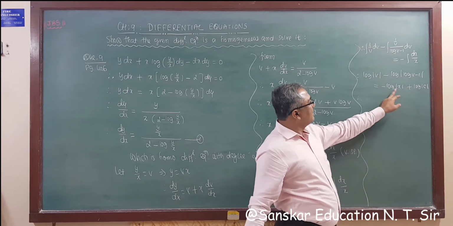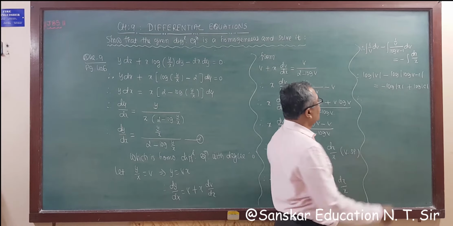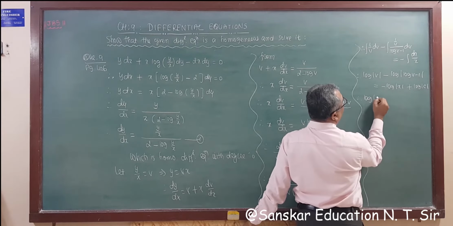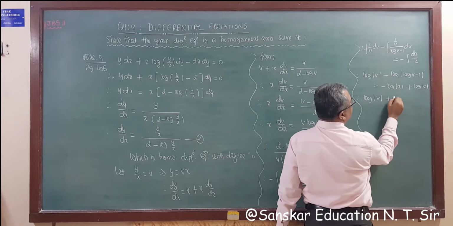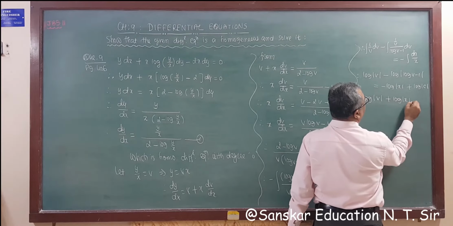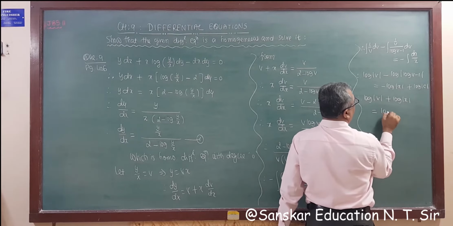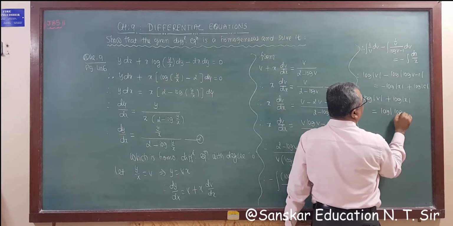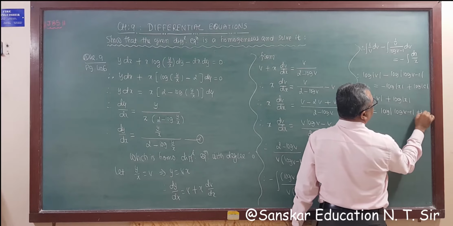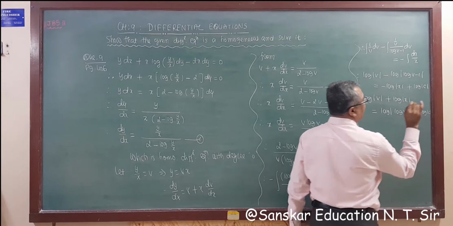So I'm taking these two here, right? So we get log mod v plus log mod x is equal to log mod (log v minus 1) plus log mod c, right?